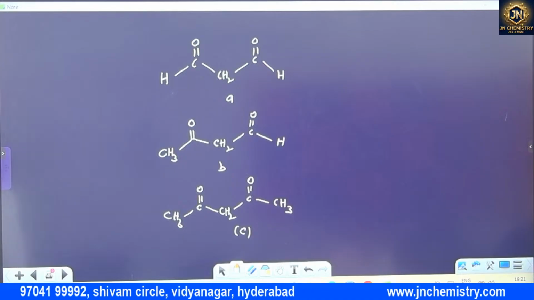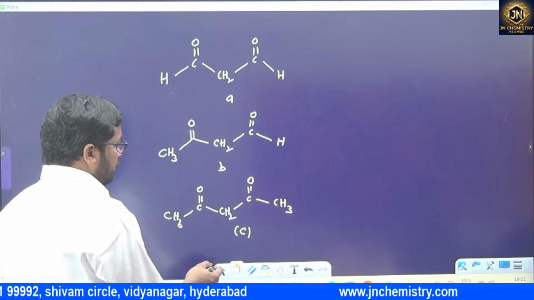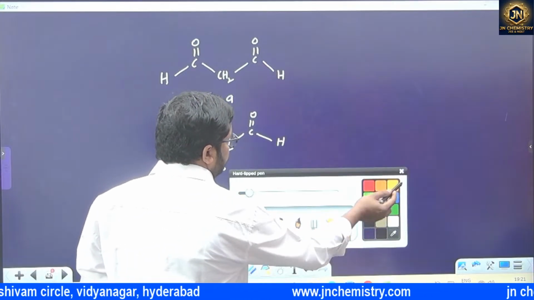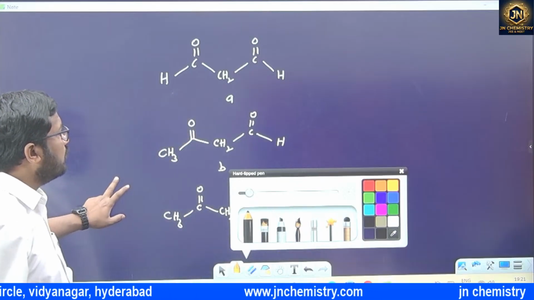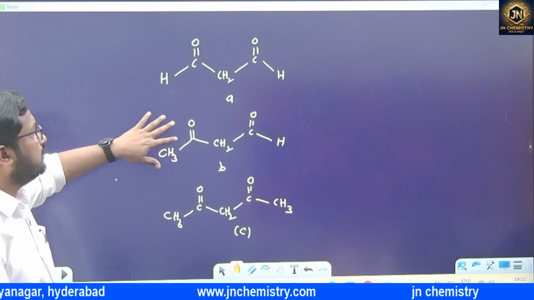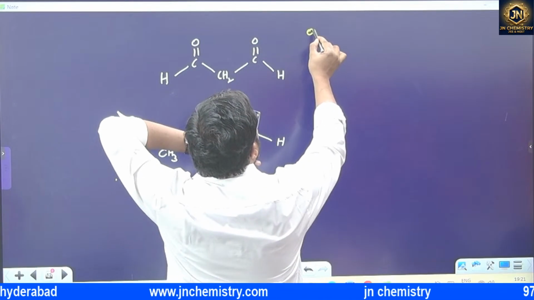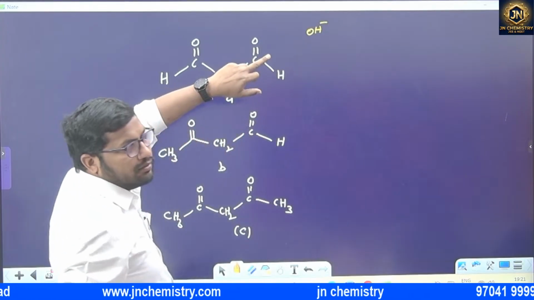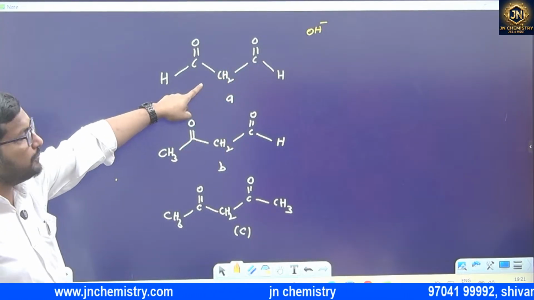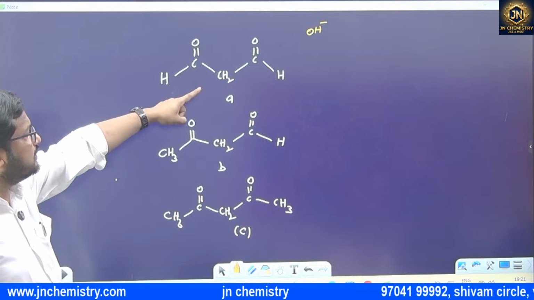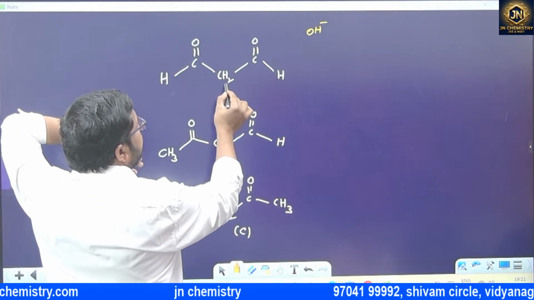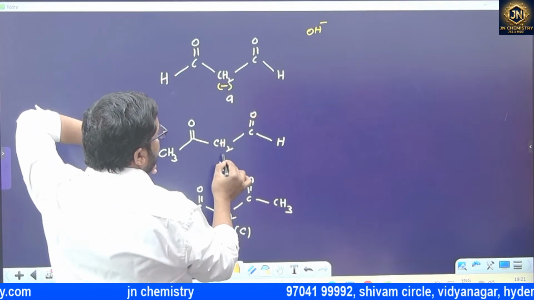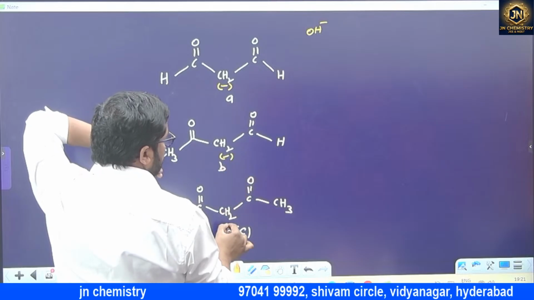Here, for example, stability of enol content, right? In basic medium, which I'm asking. In basic medium, what exactly happens? First, it abstracts the proton, right? If it is abstracting the proton, what will we get here? Carbanion, right?